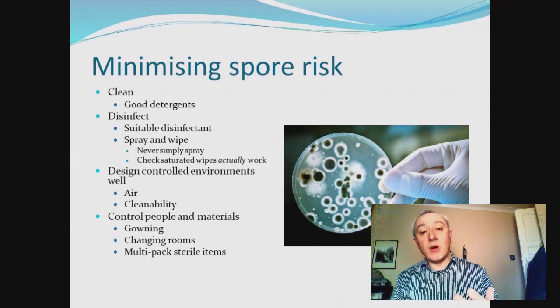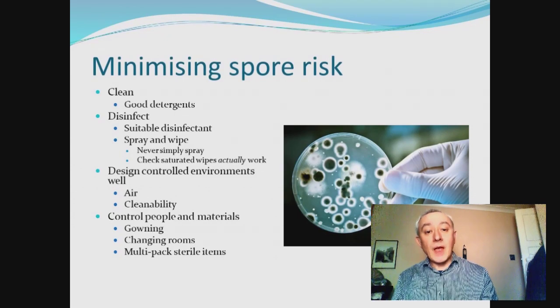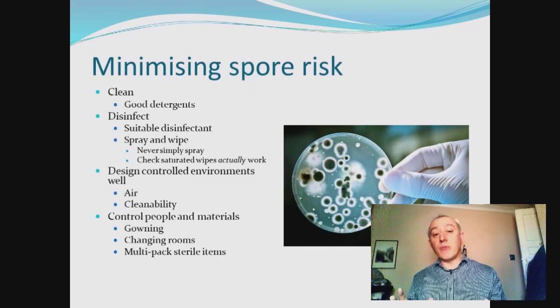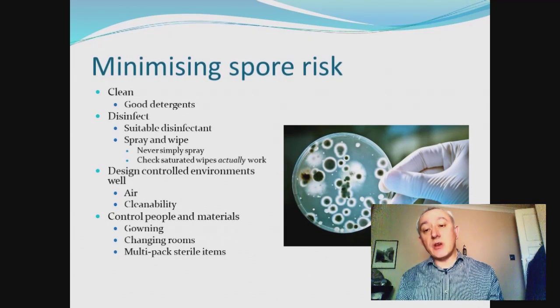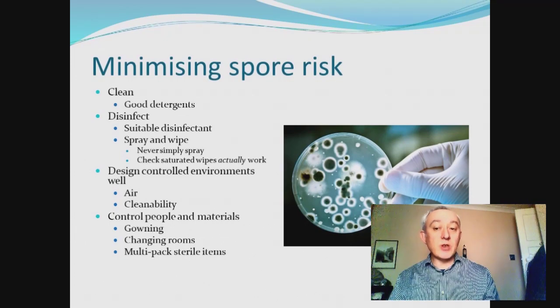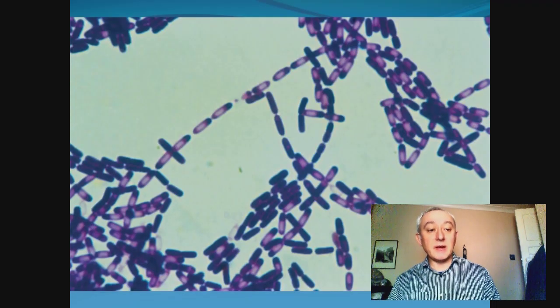We need to wipe, and if we start to see it drying out before the contact time has elapsed, then apply again. And then also we have protection from well-designed clean rooms, good air change rates, keeping pressure differentials, and making sure all the surfaces are cleanable. And then also with ourselves, as I said before, practicing good gowning. And we can also minimise the risk by having good practices like using multi-pack items and so on.